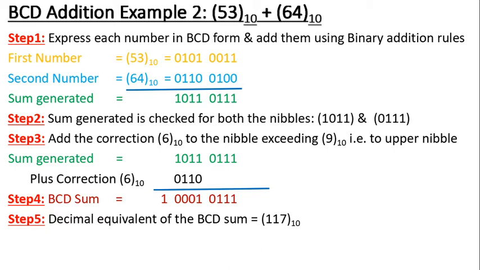So the decimal equivalent of that BCD sum is 117. You can observe, even in the earlier example, that whenever we take a calculator and perform the addition of the given numbers, in the last step we get the same answer.